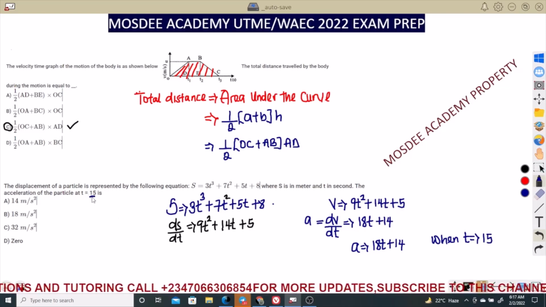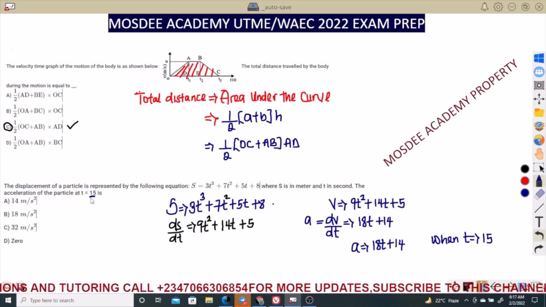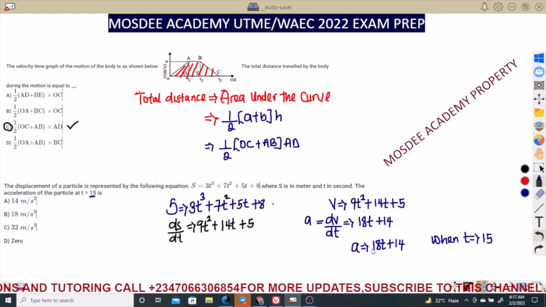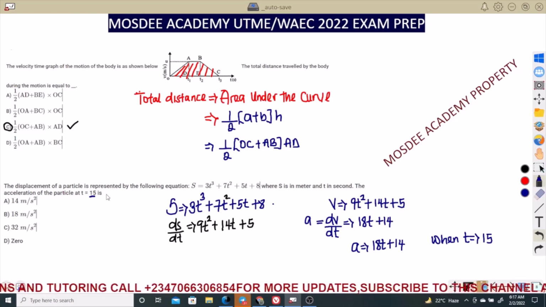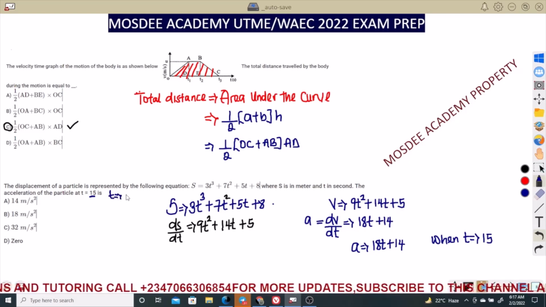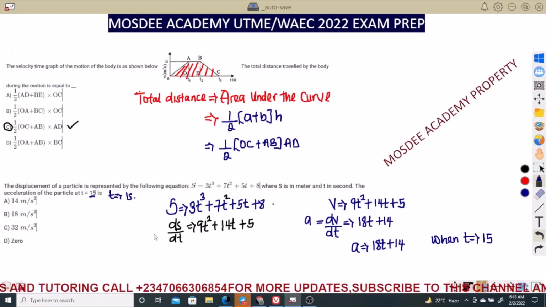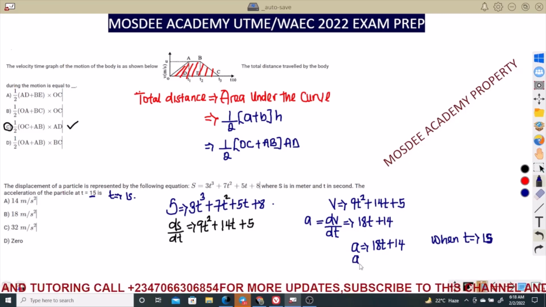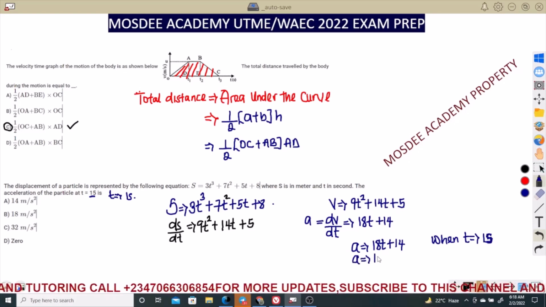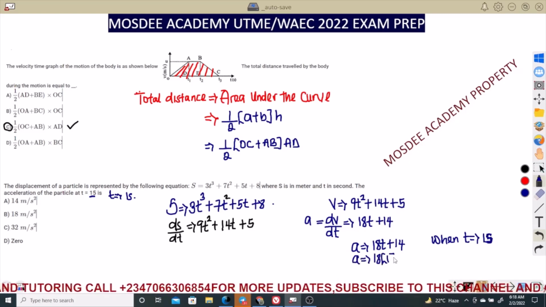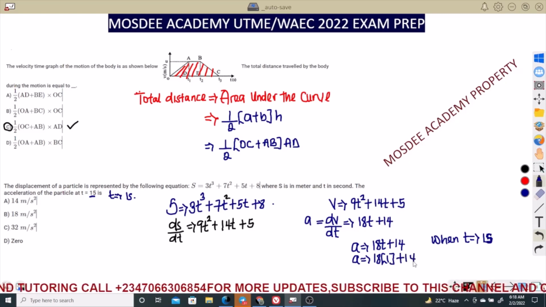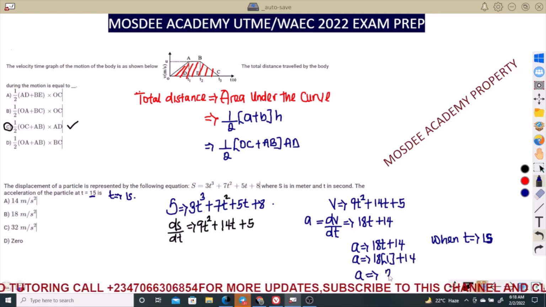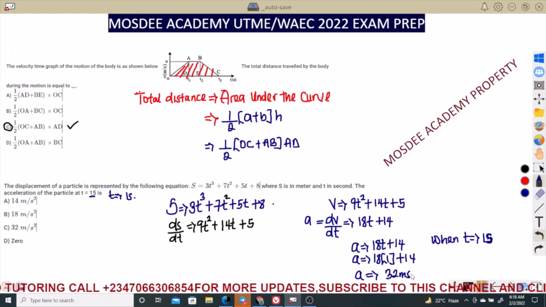I just guess this is not 15 but 1 second, because with 15, your answer will not be there. So t is equal to 1 second. There is an error in the typing there. Acceleration will be equal to 18 times 1 plus 14, which is 32 meters per second squared.